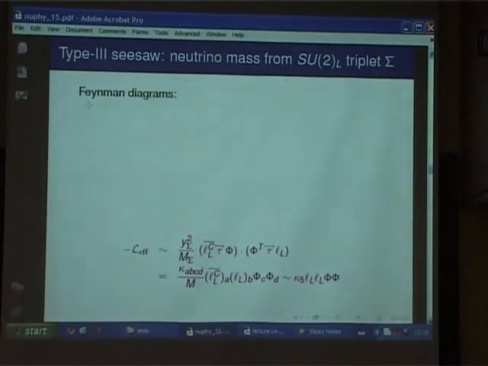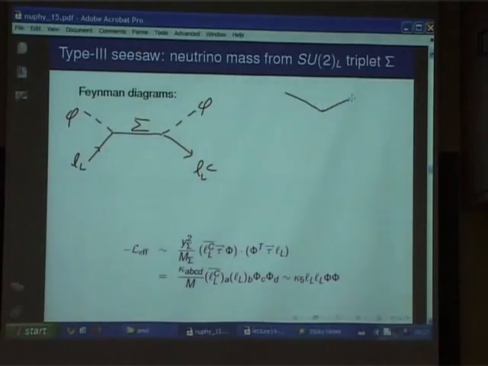Maybe let me see if I can draw the diagrams here. This is phi, this is L, this becomes sigma, phi, C going out, and then I can get something like this. This can be phi, this can be sigma, this can be C going out.